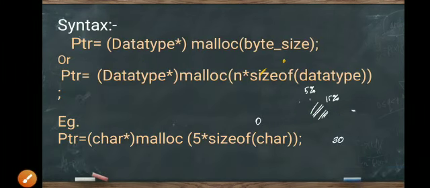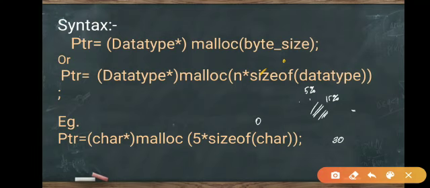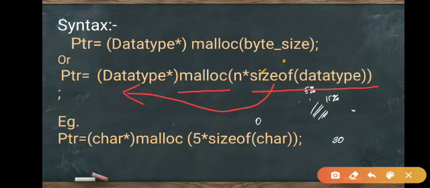See the syntax. The malloc function takes size as an argument, and this malloc function returns a void type pointer to some memory. It returns void type because we cannot declare it before. So we typecast that void type pointer to this data type, and the whole value will be stored in this pointer.